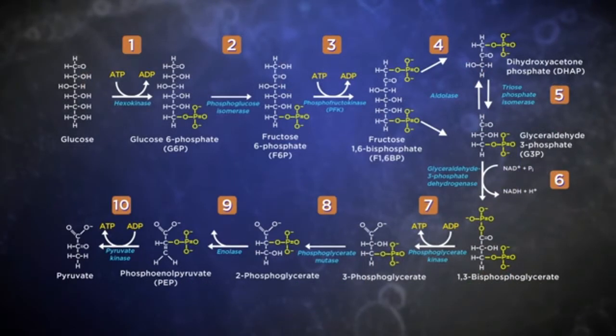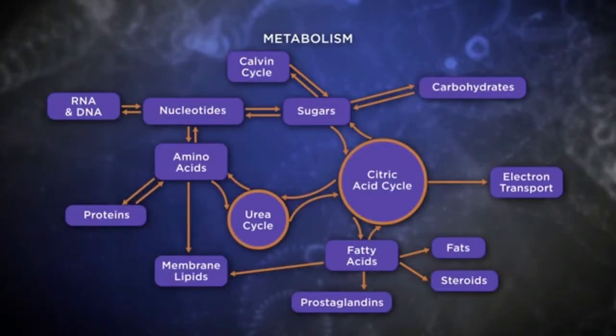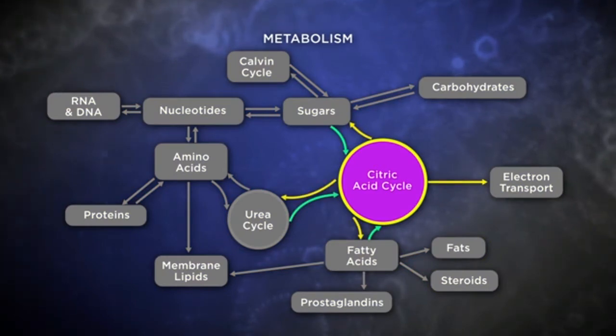Glycolysis generates some ATP, but its main role is to deliver molecules that can be further oxidized to extract more energy. This is where the citric acid cycle comes in, providing a second stage for the efficient production of energy from food. Like glycolysis, the citric acid cycle extracts energy and provides intermediates for other pathways.